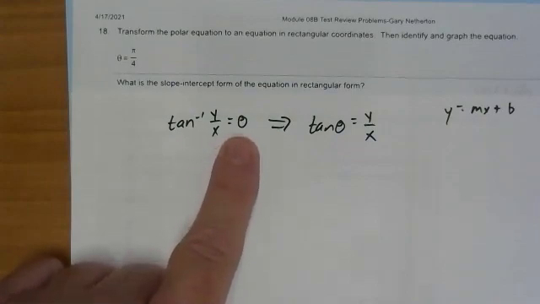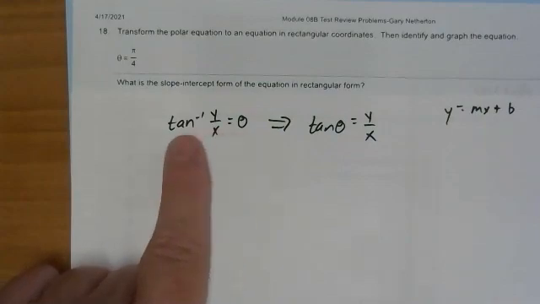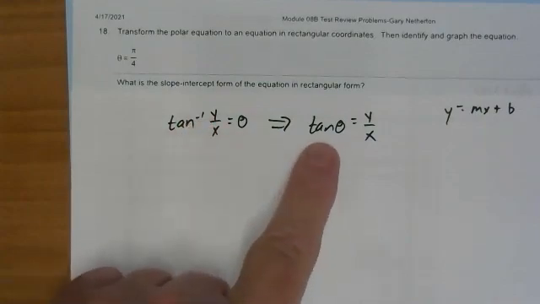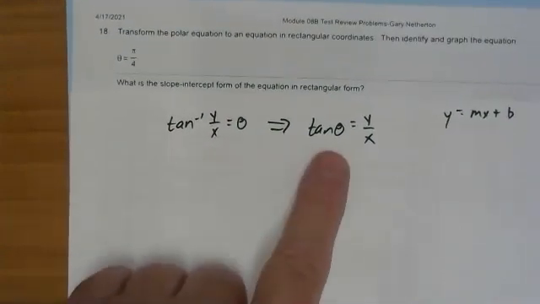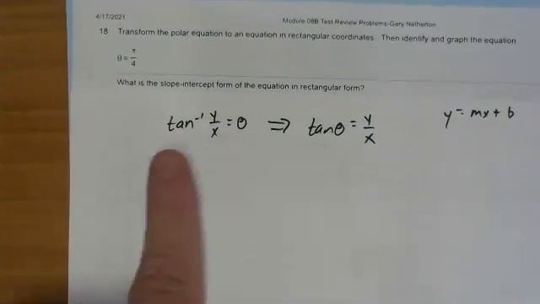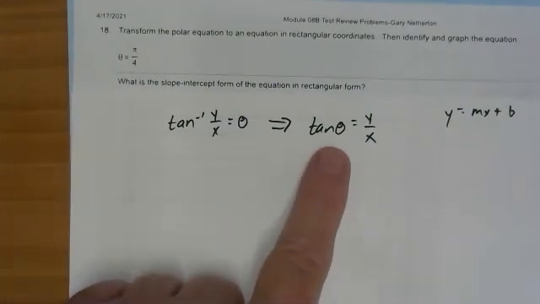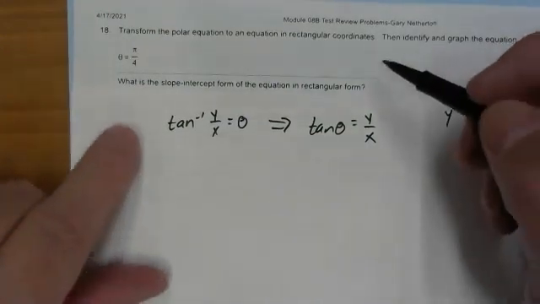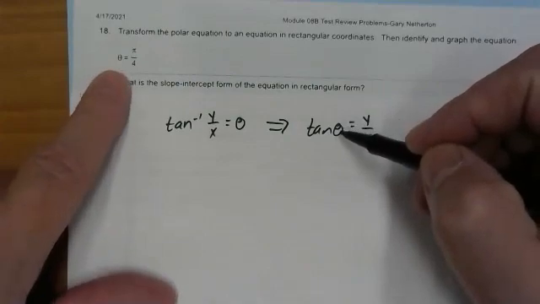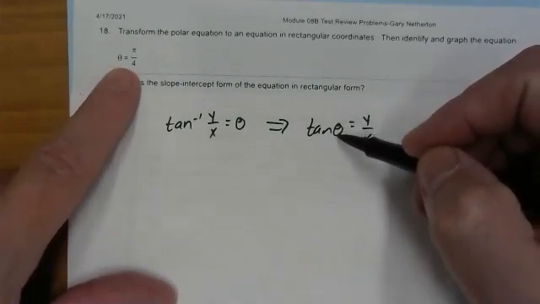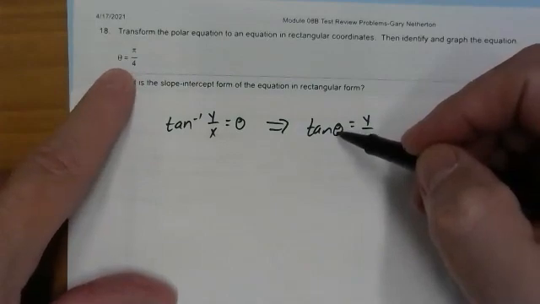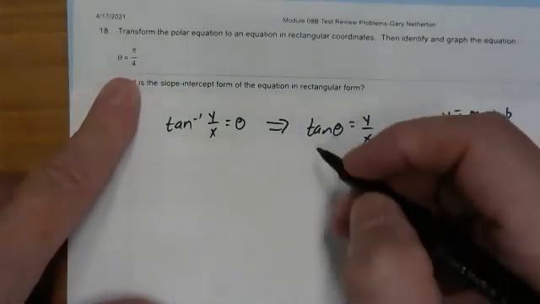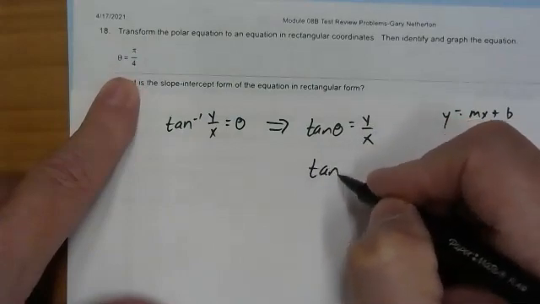These are just two different ways to write the same thing. But I like this one, because now I'm going to plug in pi over 4 for theta. Since theta is pi over 4, I'll plug it into this equation.